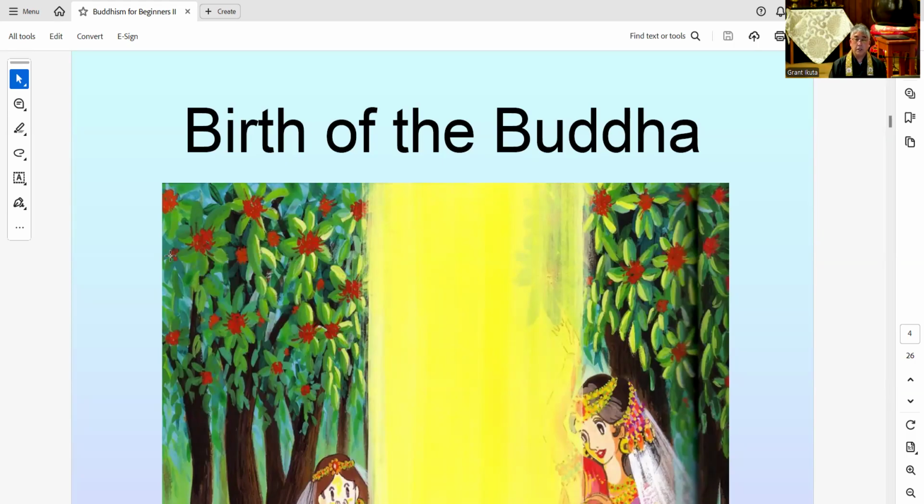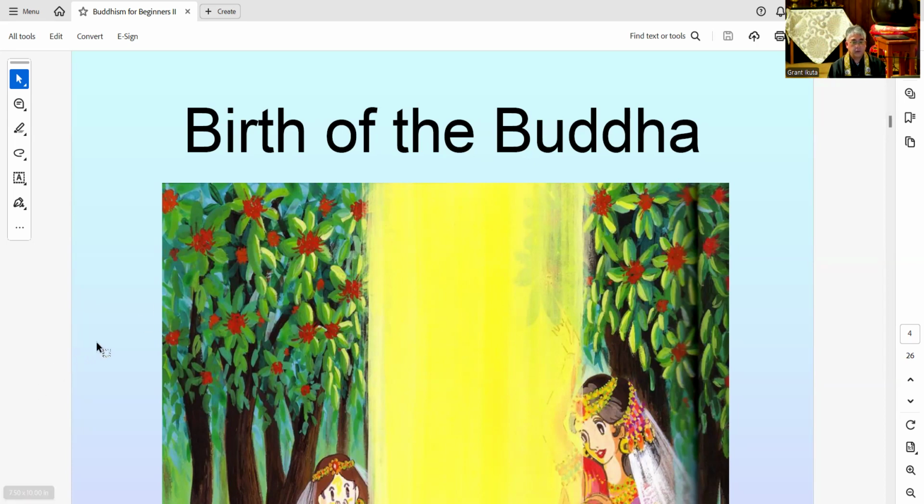Lumbini today is actually located on the Nepal side, just on the very south portion of Nepal. And so the entourage has a rest there. And it's said at that time, one of the trees gently bends its bough down so that Queen Maya could reach up and grab it. And as she does so, she conceives and the baby is born.